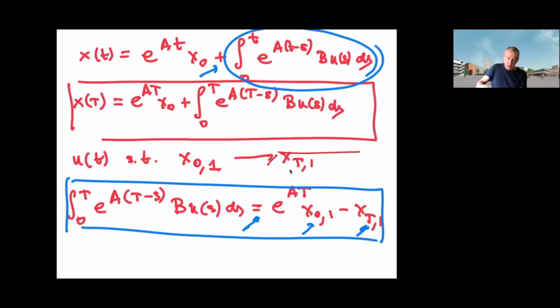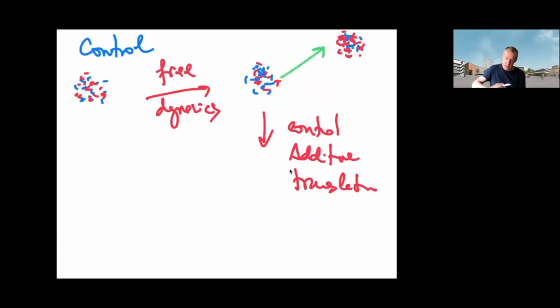And then you see that once the control u is given, this is just a vector, right? So this will be just a vector in R^d. Once the control is given, this is just a vector. And therefore, what this control is doing is just translating the ensemble of arrival points of the trajectories, right?